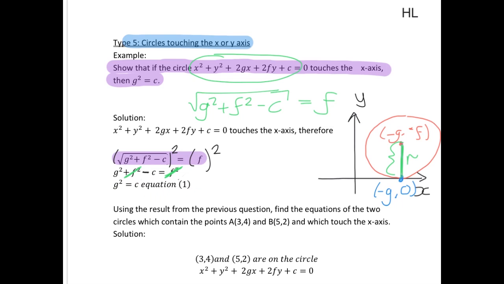So next, we're asked, using the following result from the previous question, so this question up here, find the equations of the two circles which contain the points A at 3, 4 and the point B, 5, 2, and which touch the x-axis.